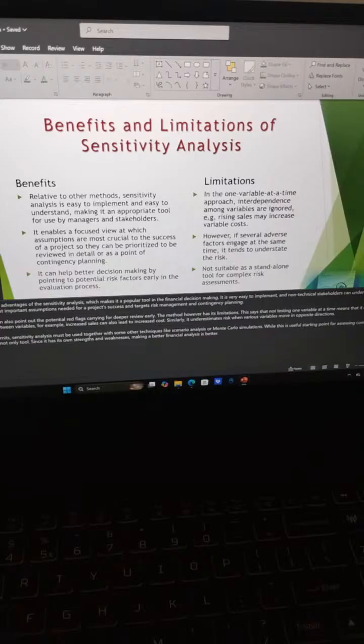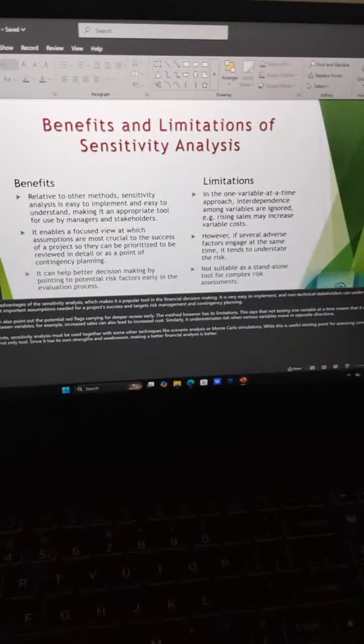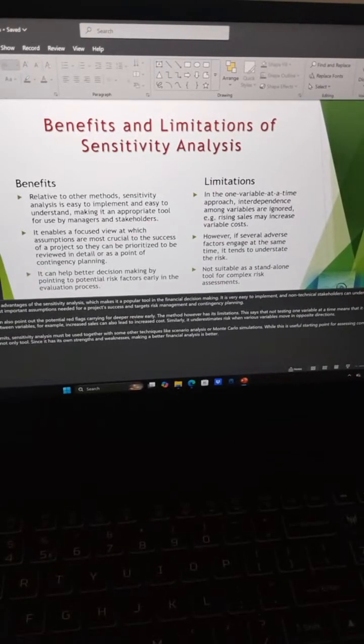The more money you have, the more modifications you can make to a project to guarantee its success. However, when several adverse factors are engaged at a time, it tends to understate the risk. It's not suitable as a standalone tool for complex risk. Next slide.